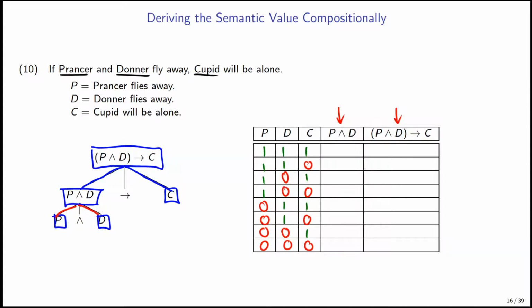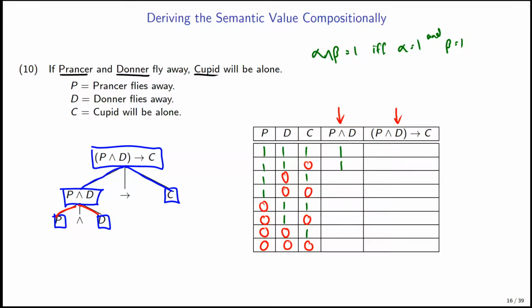Remember, P and D is true if alpha is true and beta is true. So in the first row, P and D are both true, so P and D is true. Second row, P is true, D is true, so P and D is true. In the third and fourth row, D is false.